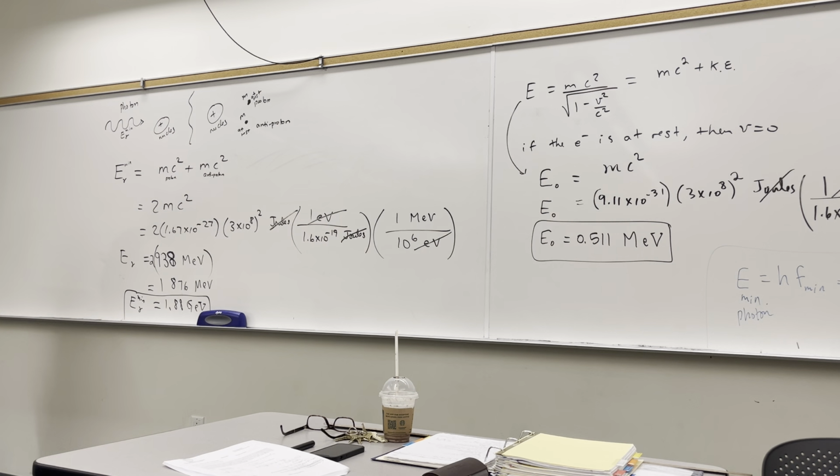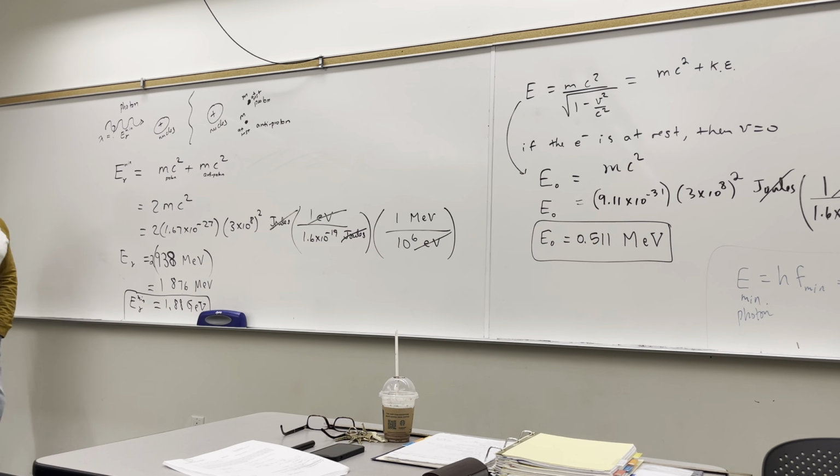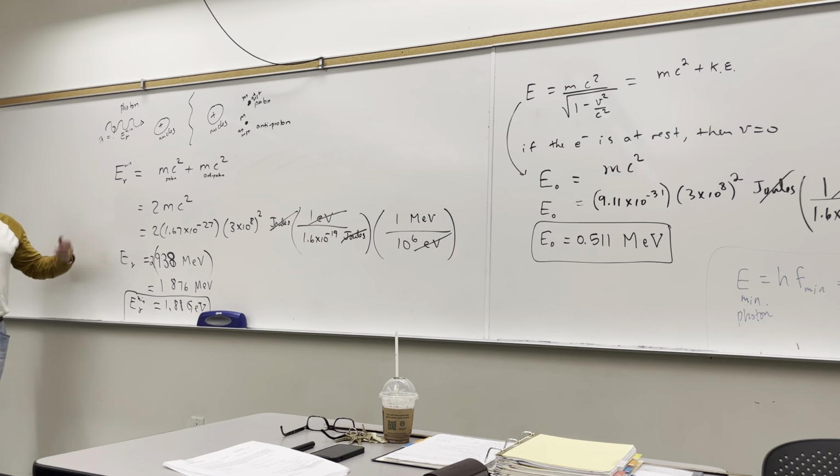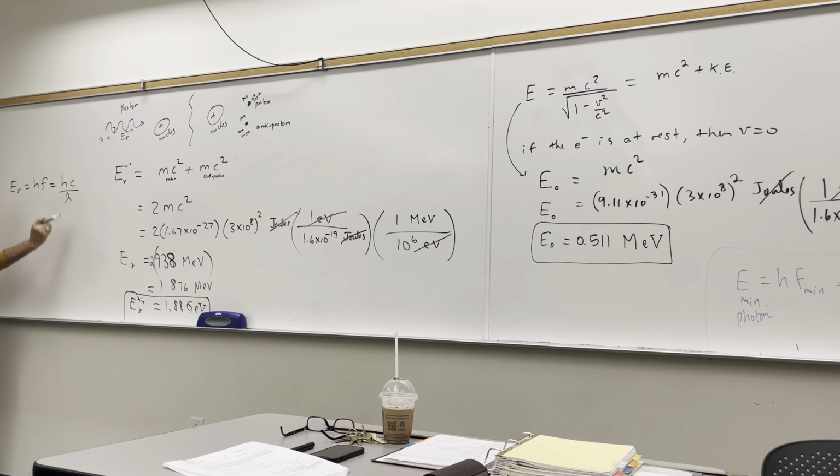Now, what if I want to know what is the wavelength of this photon, or of that radiation associated with that? So what is the relationship between the energy and the wavelength? Well, the energy of a photon is h times the frequency, right? But the frequency is the speed of the wave divided by the wavelength.